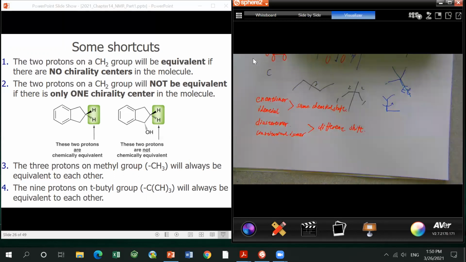Remember, diastereomers will have different chemical shapes. For this molecule, we do the replacement again.